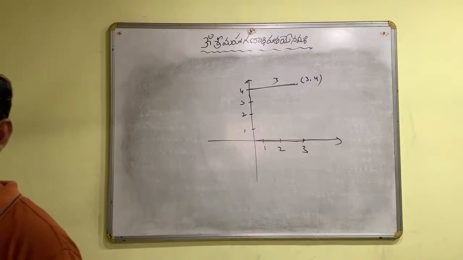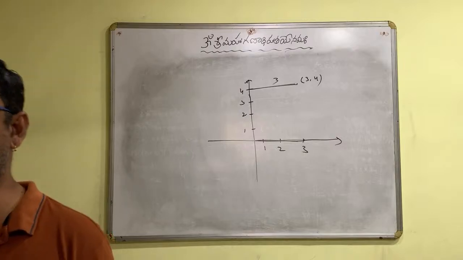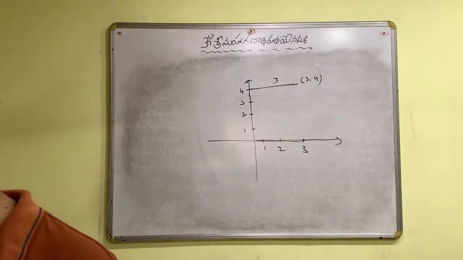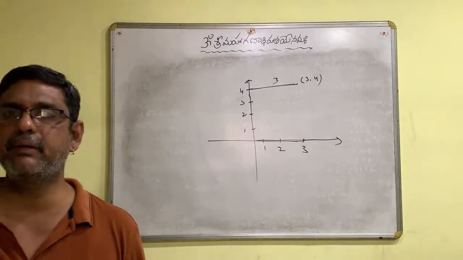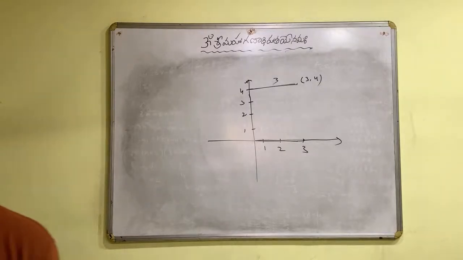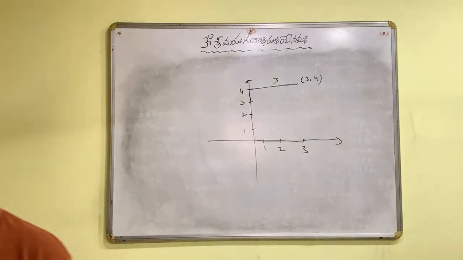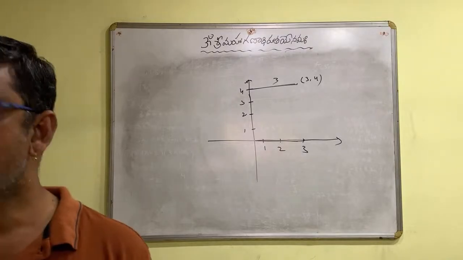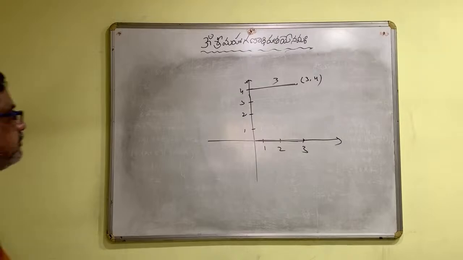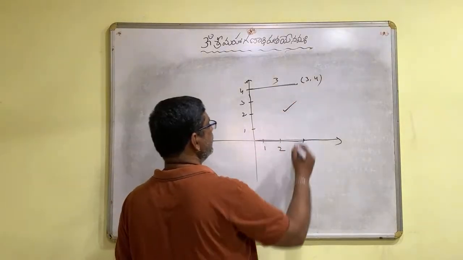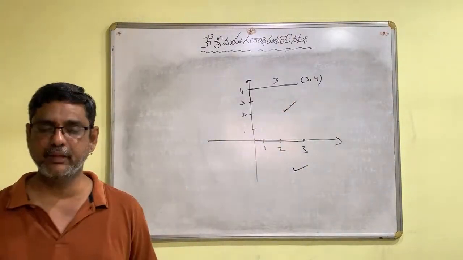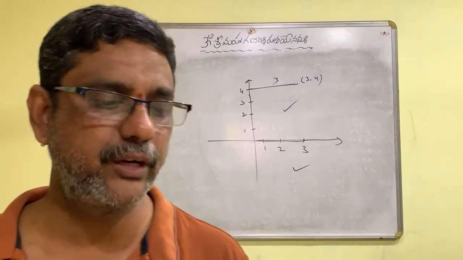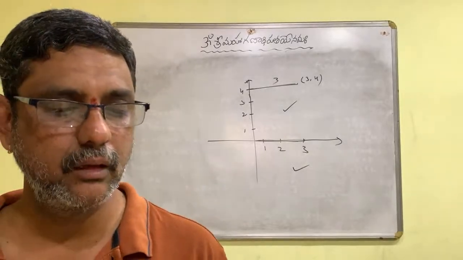First quadrant as well as fourth quadrant. Very good. Abscissa means x coordinate. So x coordinate is positive in the first quadrant as well as in the fourth quadrant. In both these quadrants abscissa is positive. Next question.